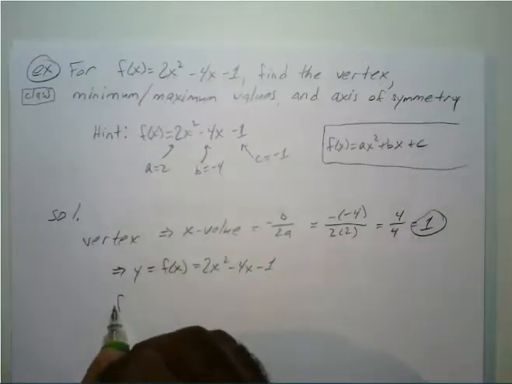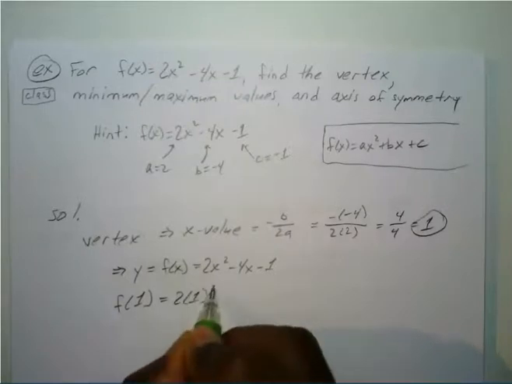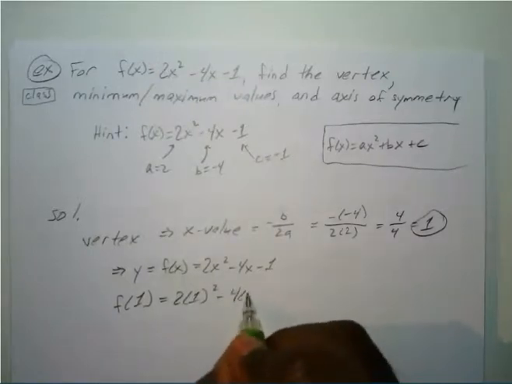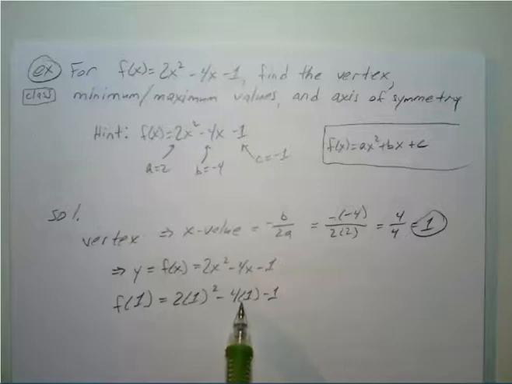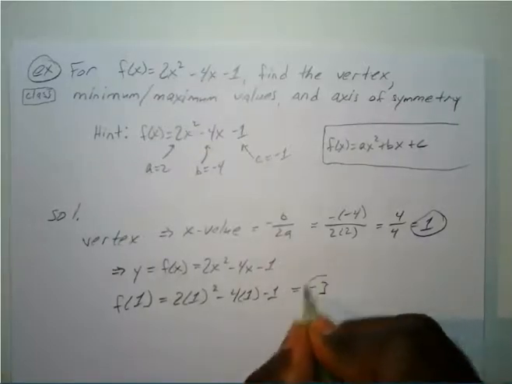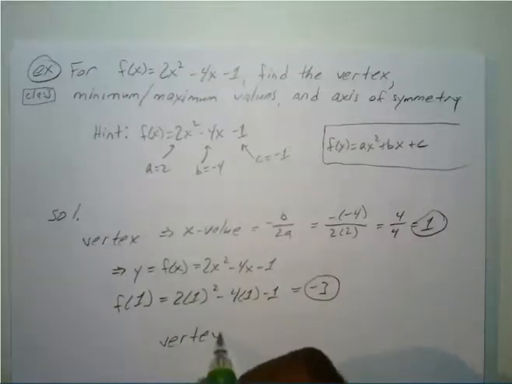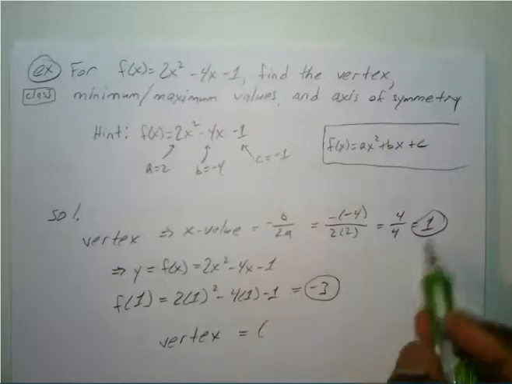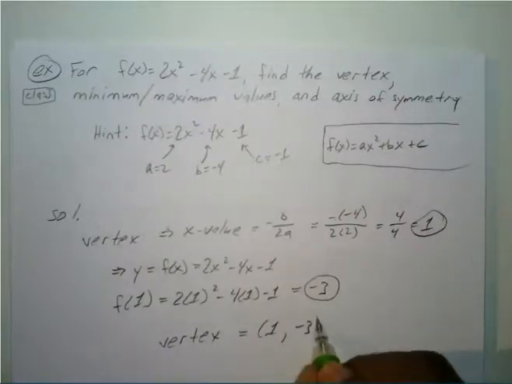In this case, that's f of 1, which equals 2 times 1 squared minus 4 times 1 minus 1. 1 squared is 1, so you have 2 minus 4, which is negative 2, minus 1, which is negative 3. So your vertex is 1 and negative 3.